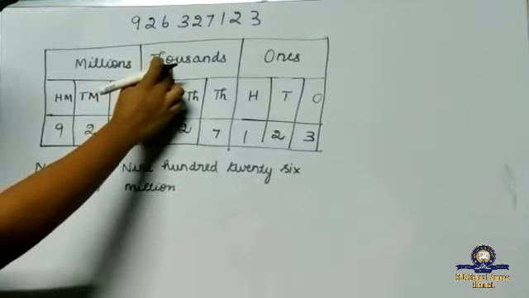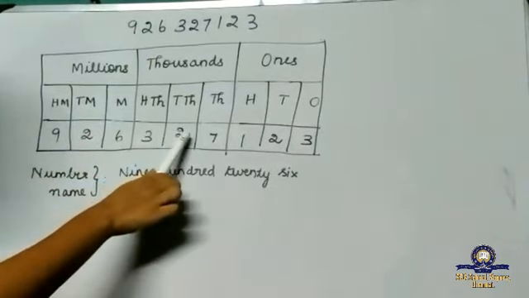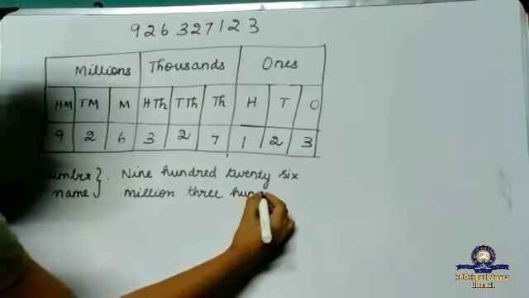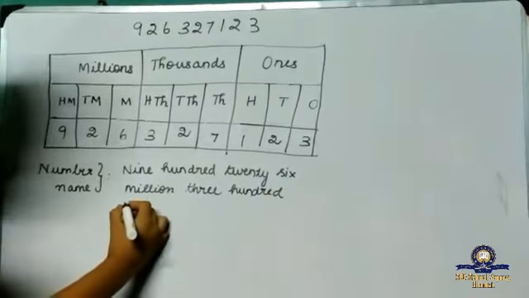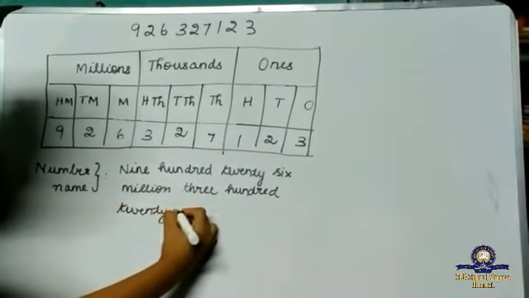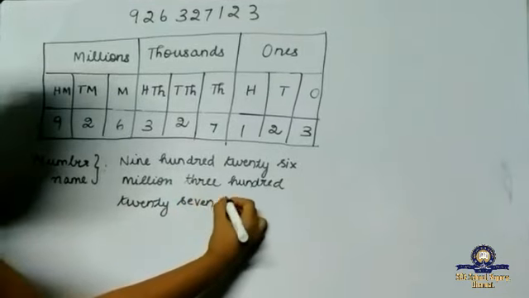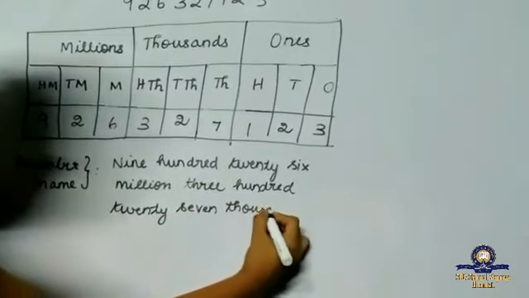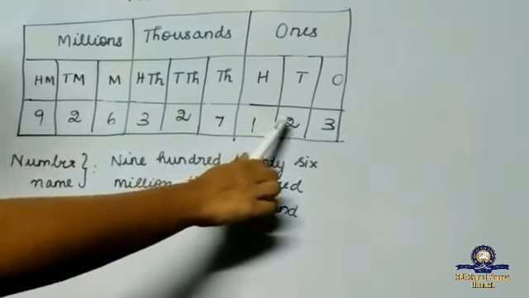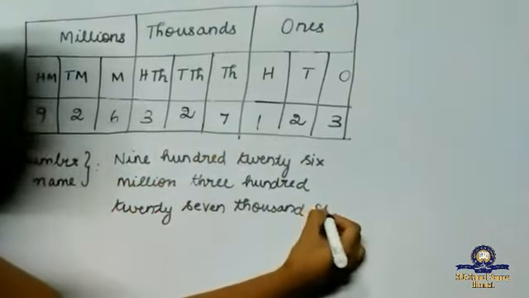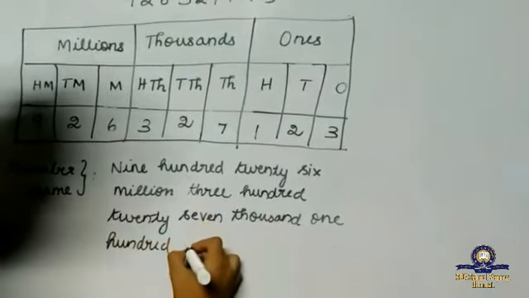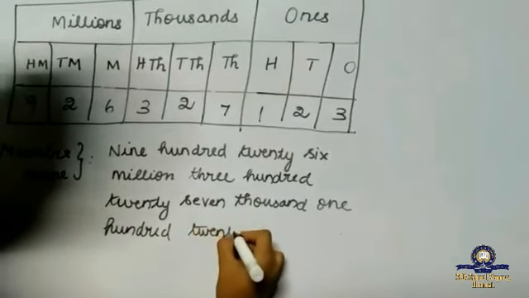In thousands period, you're going to write it as 327,000. And next comes the ones period, and you're going to write it as 123.